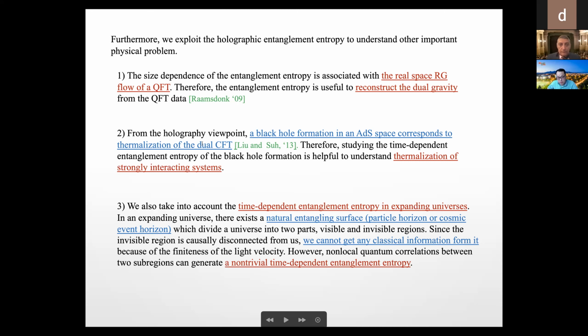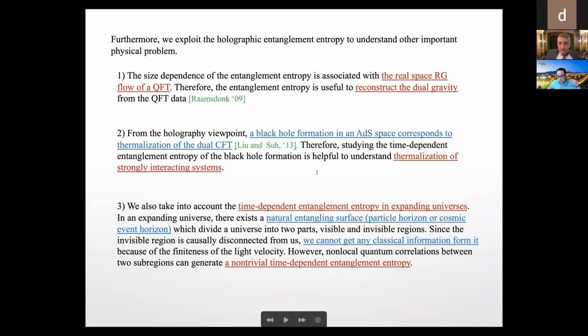In these studies, people show that the entanglement entropy evolves because the system is time-dependent, but finally it approaches the black hole entropy.